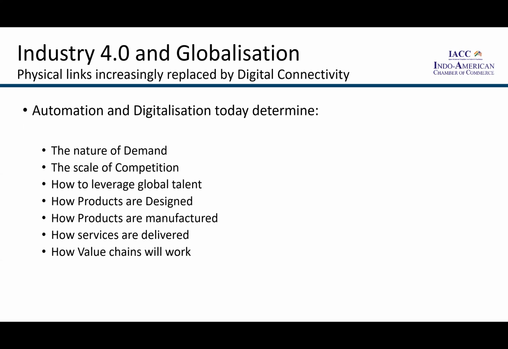You can track the status of your supply chain or control a process, a service, or a product remotely. Operating in this way may mean the international company of the future does not need a significant physical presence across the globe in multiple locations, but could operate from just a few clusters. And that's what I mean by showing you this slide, that automation and digitalization today is changing the nature of the way business is being done, especially when it comes to manufacturing.